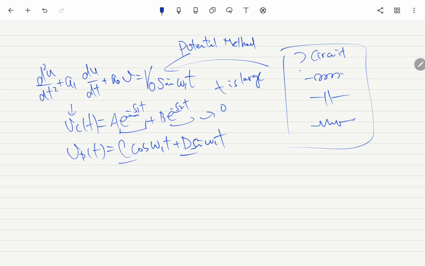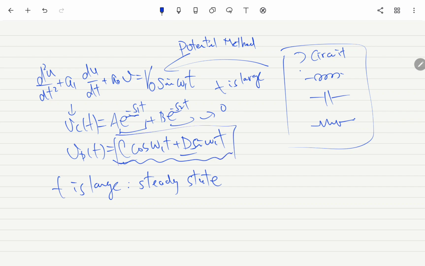For the steady state, it means that when t tends to infinity, or t is very large, the complementary solution will decay to 0. Finally, what remains is the particular solution, because it is a cosine or a sine, so it will just last forever. This is what we call the steady state.